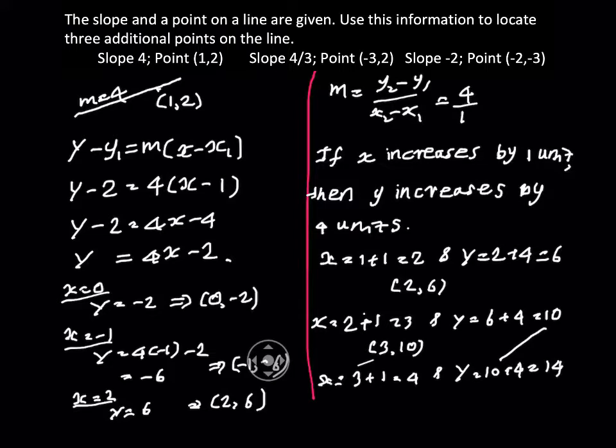Therefore I have another point, (4, 14). These are the two different methods. Now let me discuss the next one, slope equals 4 over 3 and point (negative 3, 2), using this method.